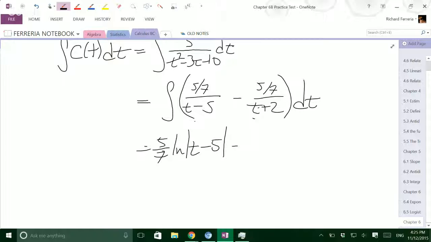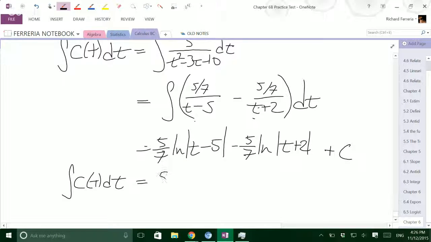Minus 5/7 natural log of t plus 2, plus constant. And we're ready for the final answer. The antiderivative of C(t) dt equals 5/7 times the natural log of t minus 5 over t plus 2.